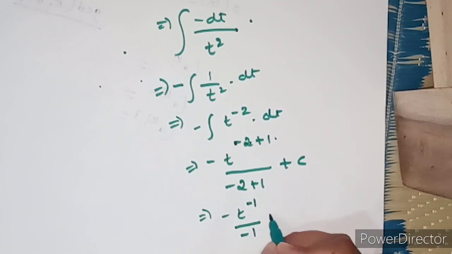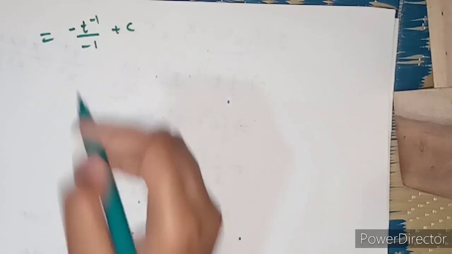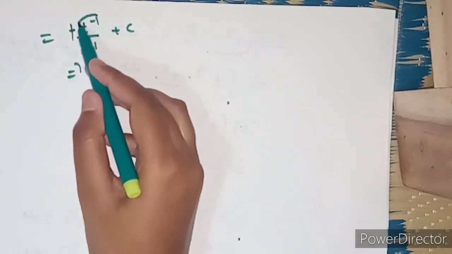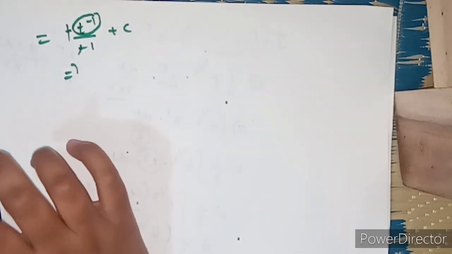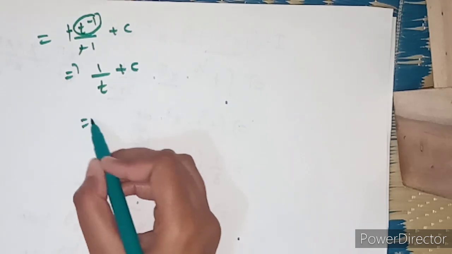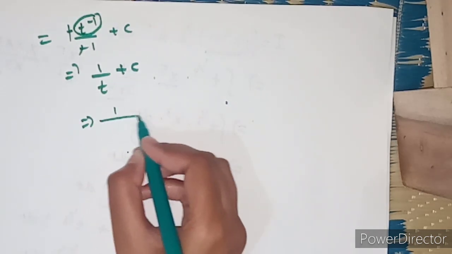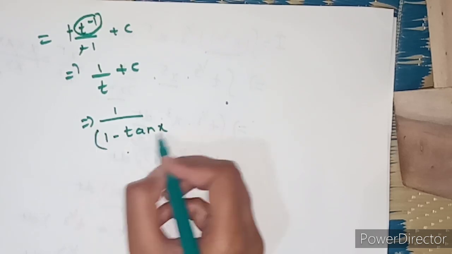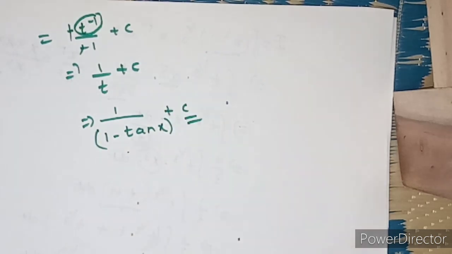Again minus 1 in the denominator plus c. Okay. So this minus gets cancelled. If I shift t inverse to the denominator, it becomes 1 upon t plus c. And what have we taken t as? We have taken t as 1 minus tan x, right? So 1 upon 1 minus tan x plus c. So this is the required answer.